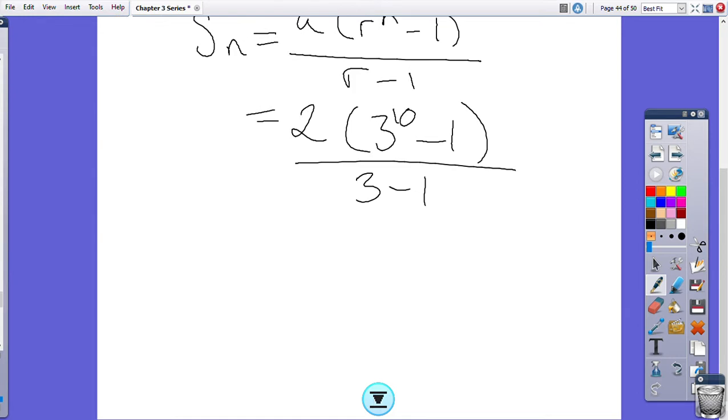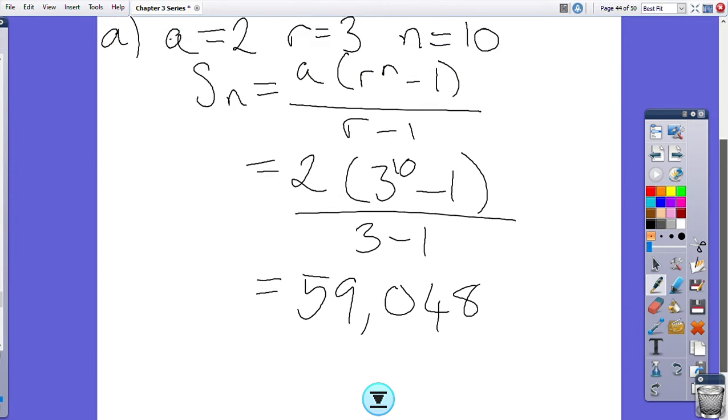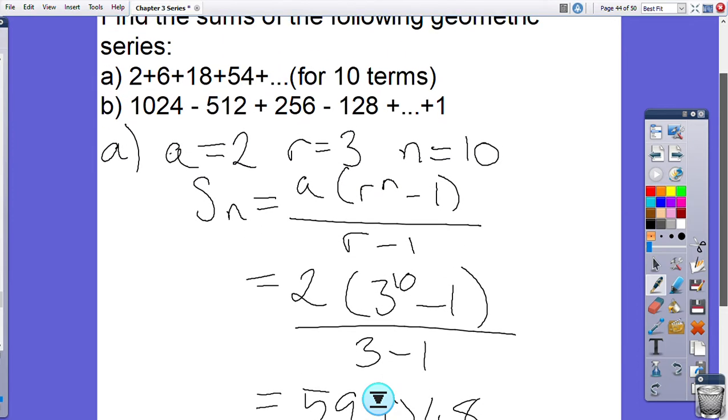Well, the 2s will cancel. You'll get 3^10, take away 1, which is the rather lovely 59,048. All very straightforward. Effectively, you're subbing numbers into a formula, sticking them into your calculator. What could be difficult about that? But let's have a look now at part b.